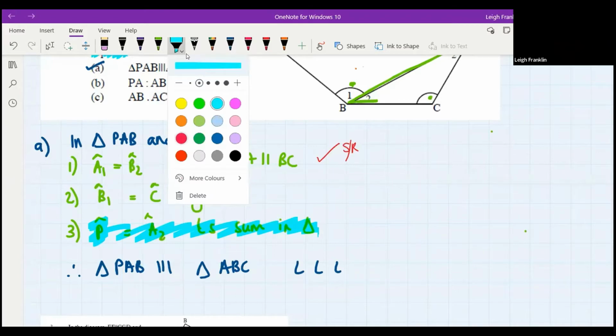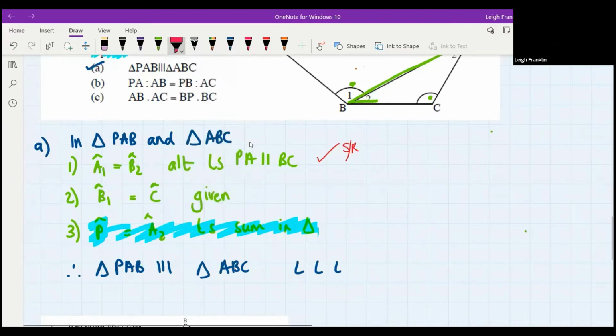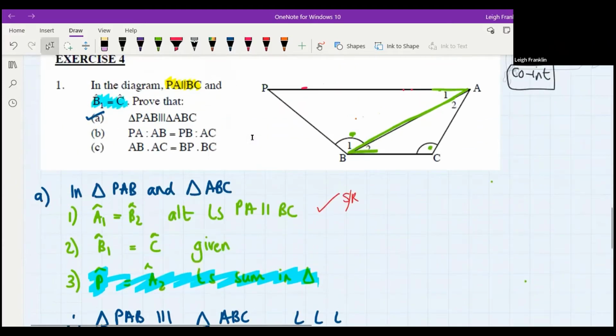The reason why we're saying that angle P is equal to angle A2, and then we're saying that angle in triangle, is it because that's the last angle we're proving? Correct, Cassandra. So what we've done is we've said in triangle PAC, the following is true: angle A1 plus angle B1 plus angle P adds up to 180 degrees.